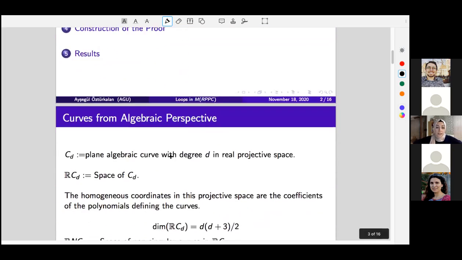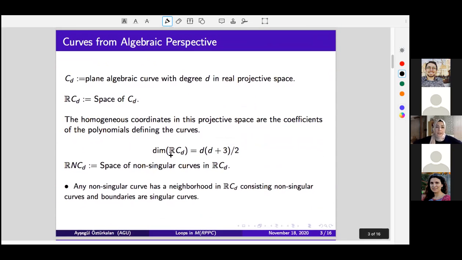At first, let me start with defining curves from the algebraic perspective. I suppose you are familiar with these things, but once more, let me remind you. Let us say C_d is a plane algebraic curve of degree d in real projective space. What does it mean?